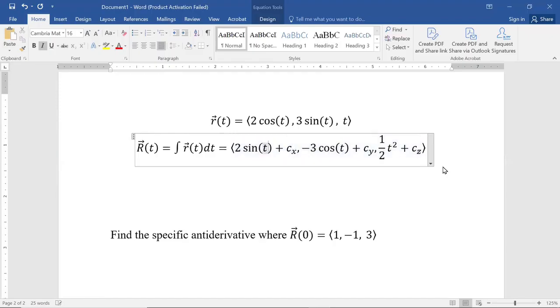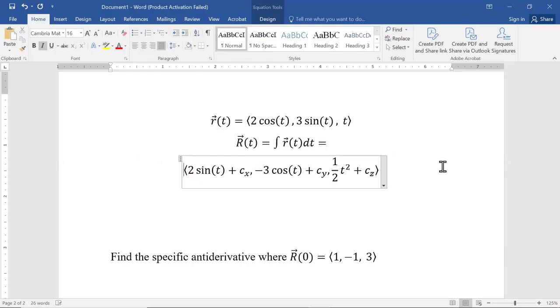So that is the antiderivative. Or I should say the class of antiderivatives, because any 3 constant numbers, any 3 real numbers we choose to plug in there will give me a different antiderivative. But the class of all antiderivatives will be of this, will be that, okay?